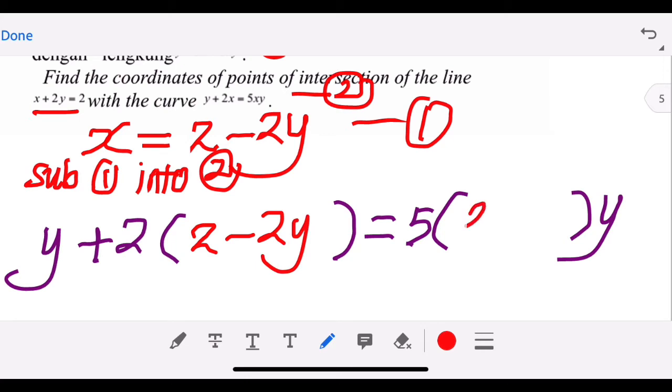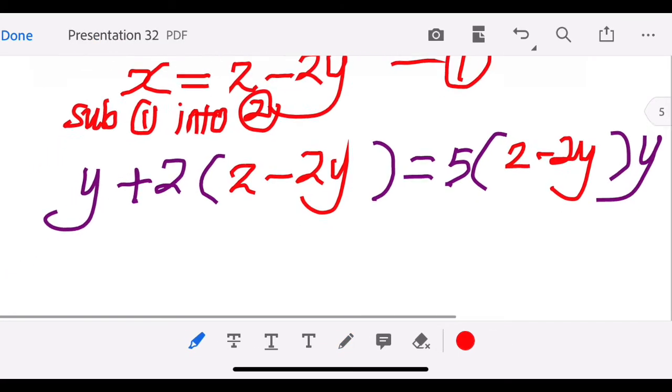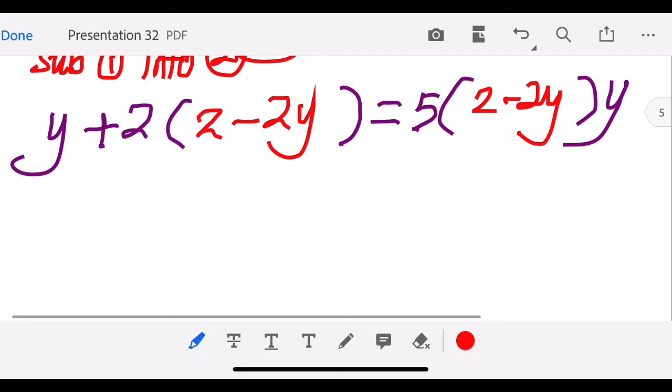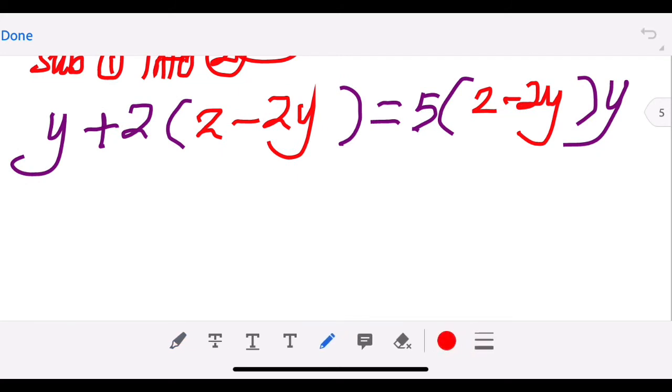Understand? So make sure you convert the equation into one unknown so that you can simplify and solve.